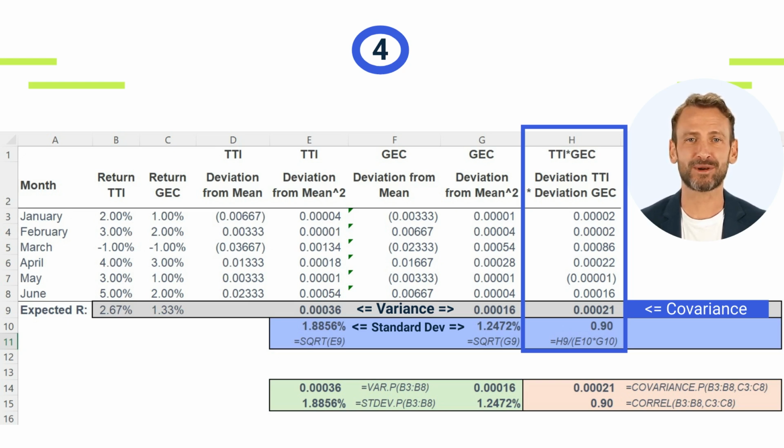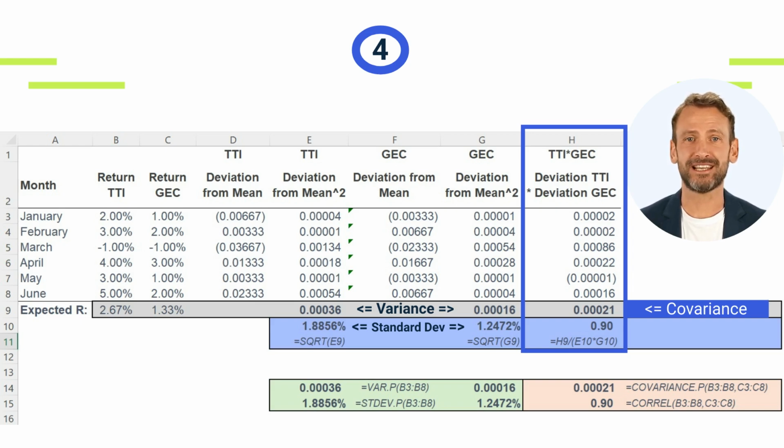Finally, we calculate the average of the interactions, which tells us what the usual behavior is between the movements of TTI and GEC. What do you think? Do they move in the same direction or in opposite directions? If the interactions in column H are predominantly positive, their average, which is the covariance, will also be positive. On the other hand, if these interactions are predominantly negative, the covariance will be negative.